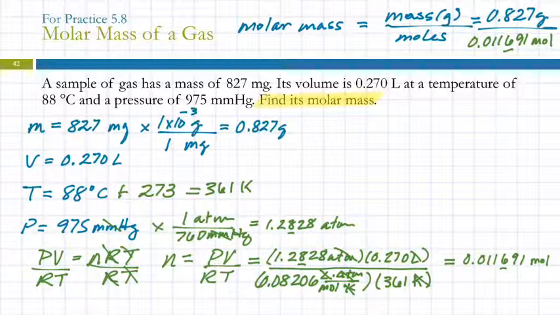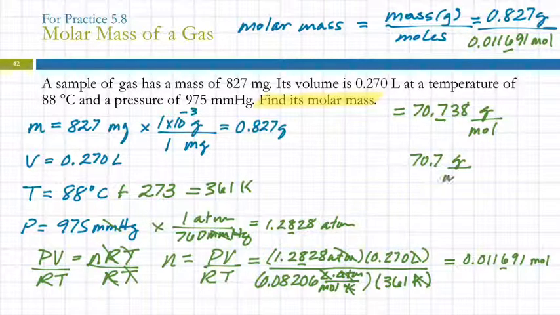And I'm getting 70.738. Units are grams per mole. That would round to 70.7 grams per mole.